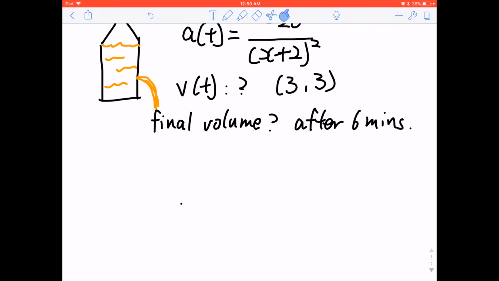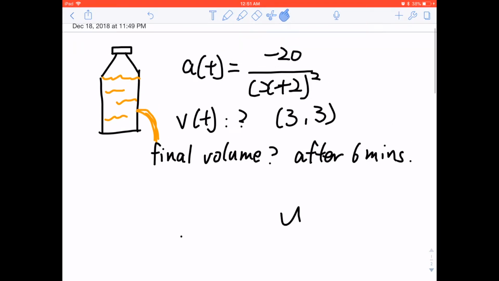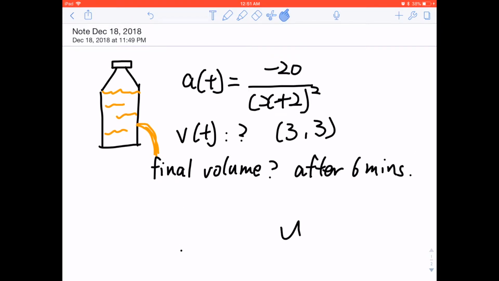In order to get the function of velocity, we have to use U substitution, because the function of acceleration is a composition function. So we make u equals x plus 2.